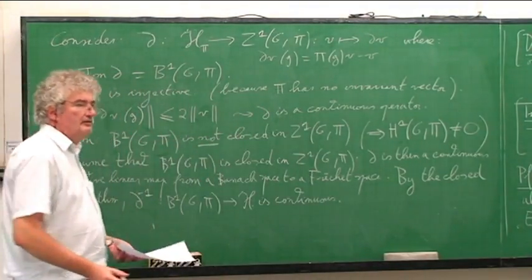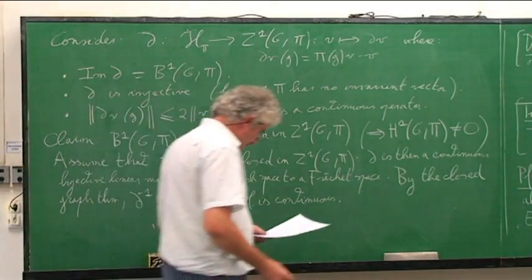Now we spell out what it means for this map to be continuous.